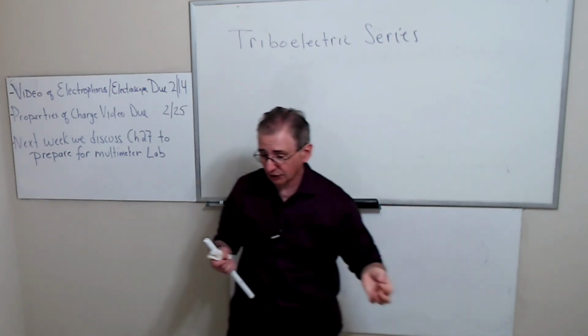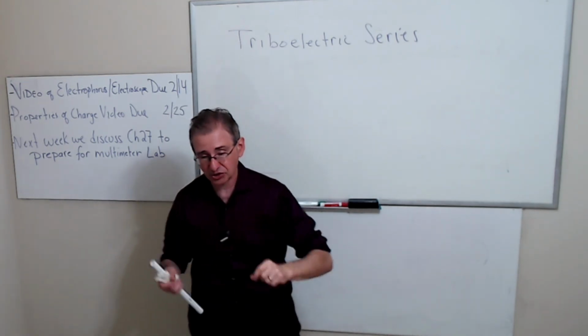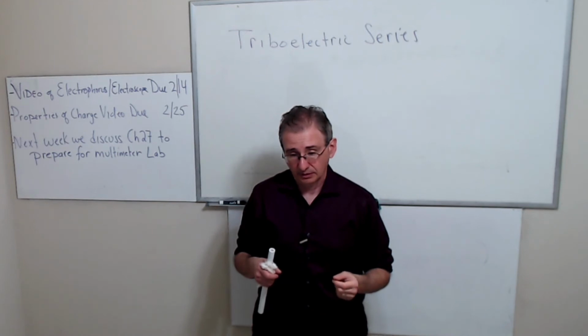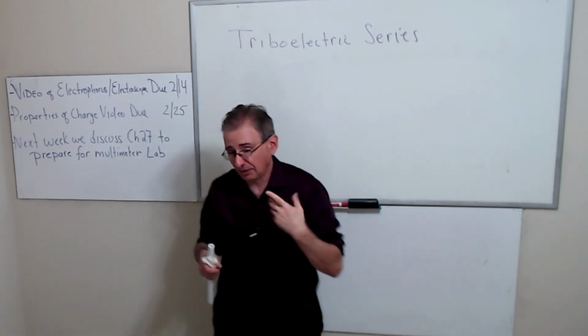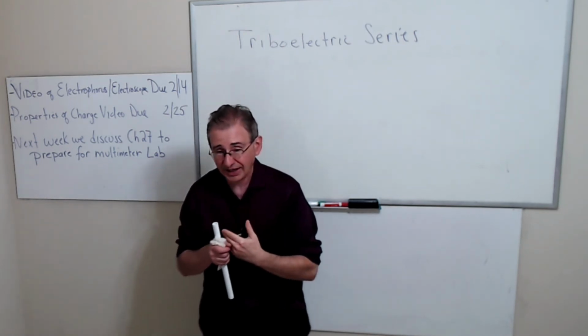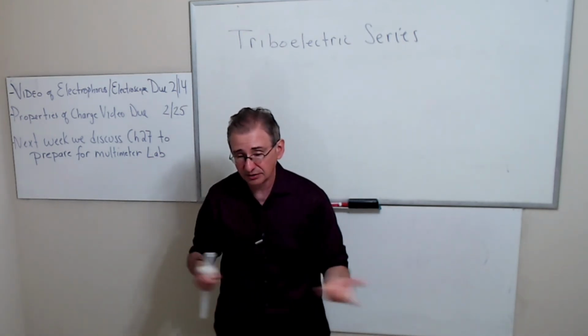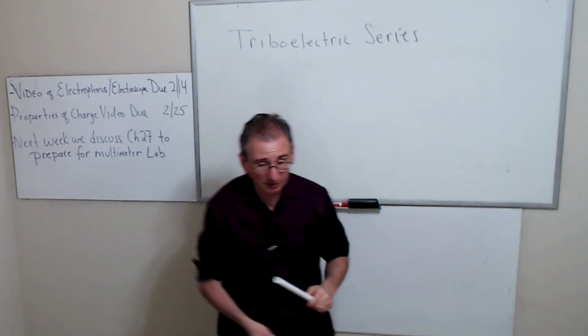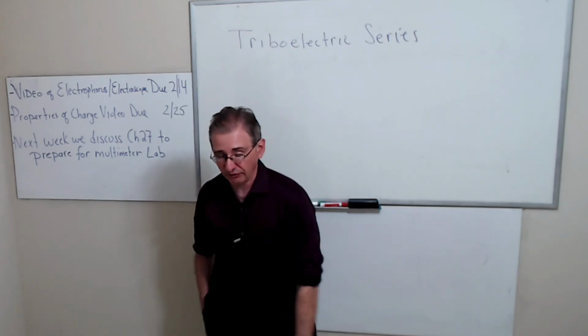Friction is the conduit that allows the charge to be transferred. But to me, it's really not the reason why charge is being transferred, because if you have two materials with the same electrical properties, nothing's going to happen. If you take two pieces of PVC rod and rub them together, you're not going to charge either one of them.